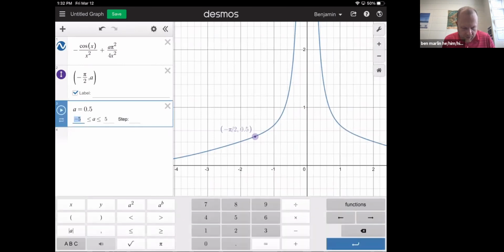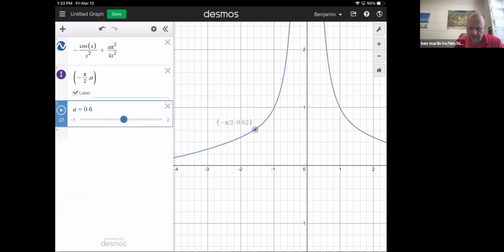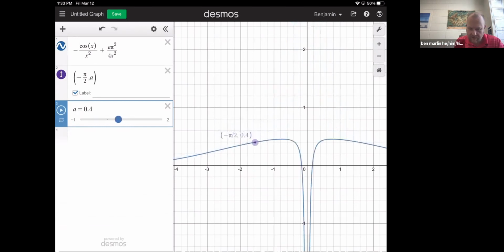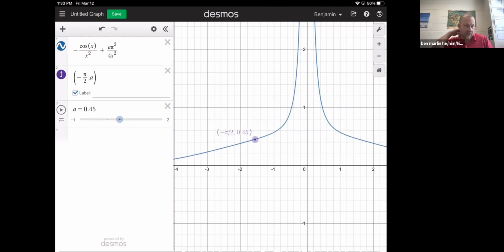And I'm going to change this and go from -1 to 2. And that way we can kind of see that it's coming down here, and right around 0.41 is where it has that change at. That's kind of wacky, isn't it?